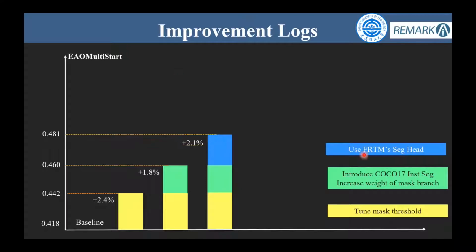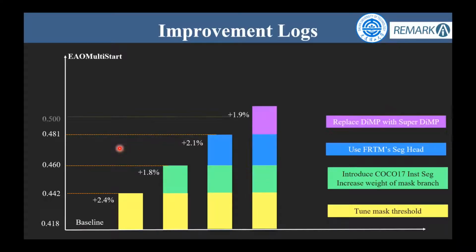After replacing the original mask head with the FRTM segmentation head, the performance goes up by 2.1%, and the EAO multi-start goes to 0.481. After replacing DiMP with SuperDiMP, we got a performance gain of about 1.9%. The EAO multi-start goes to 0.500.